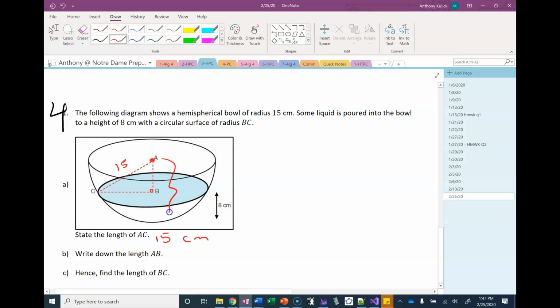Similarly, we know that this is also a radius. So if this is 8, that piece has to be 7. Okay with that? And then we can just do the Pythagorean theorem to find out BC. So when I do that, I get 13.26, or sorry, 27.